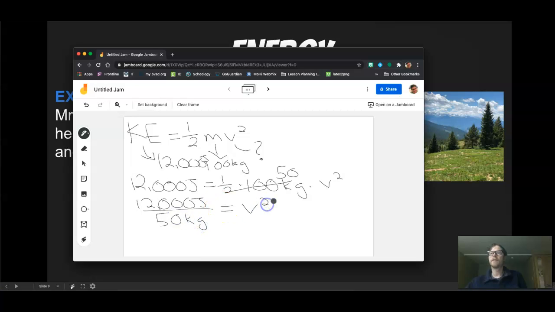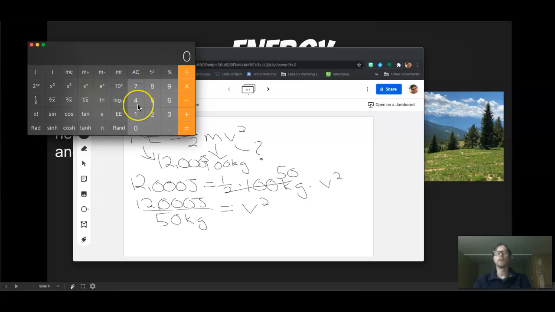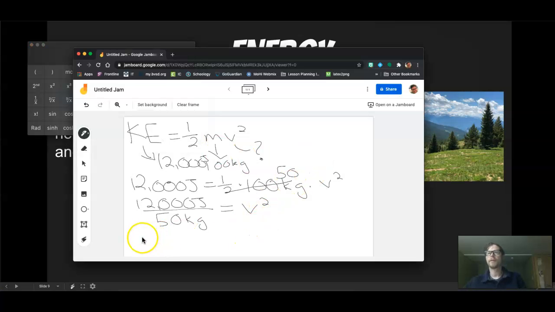It gives us v squared, right? So then we can do 12,000 divided by 50. 12,000 divided by 50 is 240. So that tells us that v squared is equal to 240 joules over kilograms.